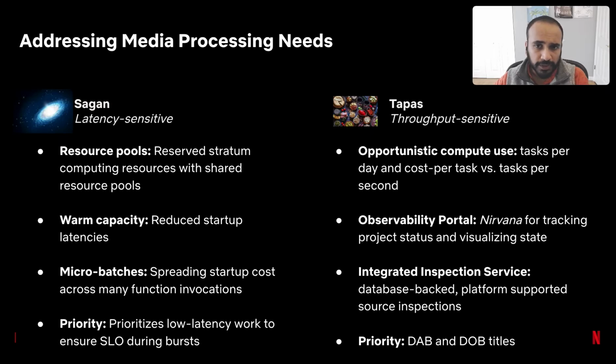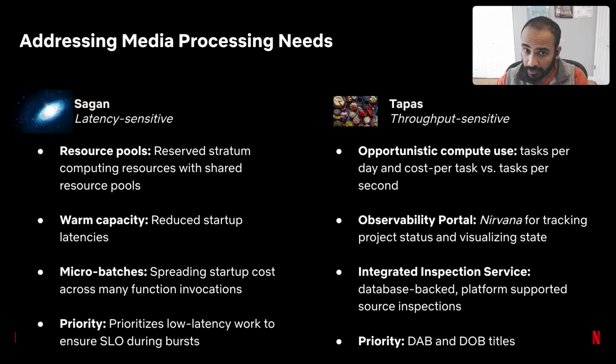Similarly, for throughput-sensitive workloads, which consume large amounts of computing resources and are more concerned with the completion of tasks over a period of hours or days rather than the time it takes to complete an individual task, Cosmos provides tools such as opportunistic compute. Here, Cosmos makes use of trough or unused capacity that is available across the company through flexible resource scheduling.